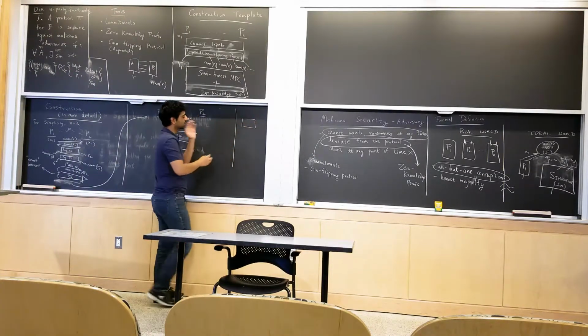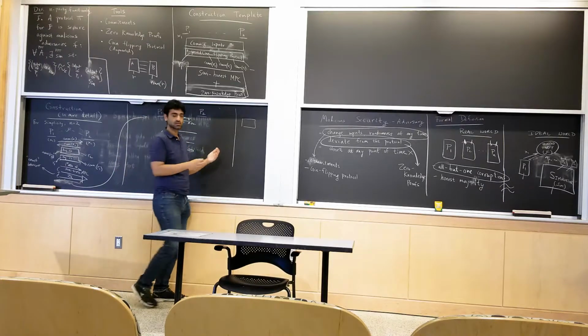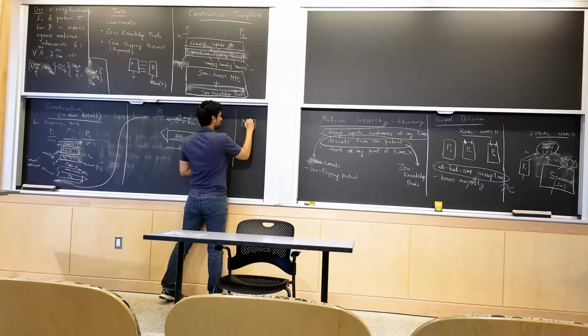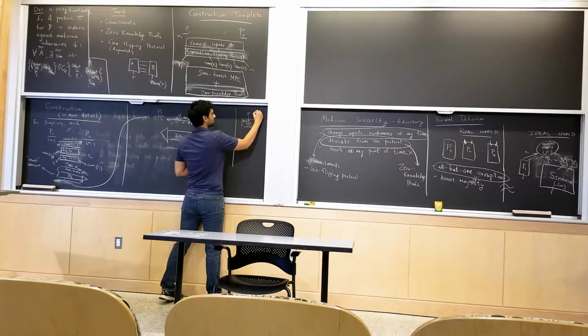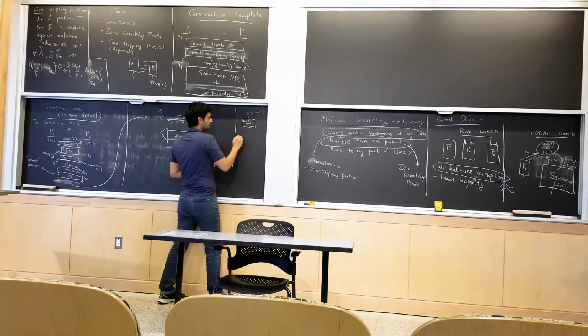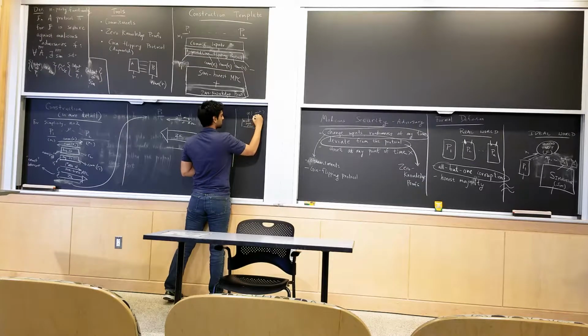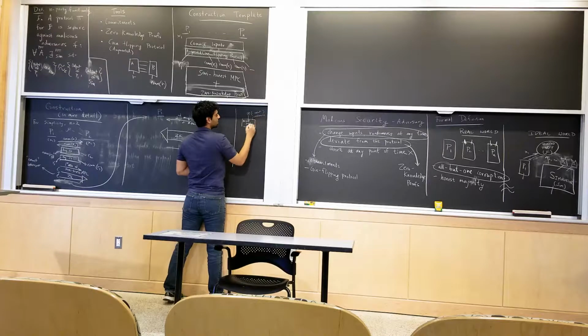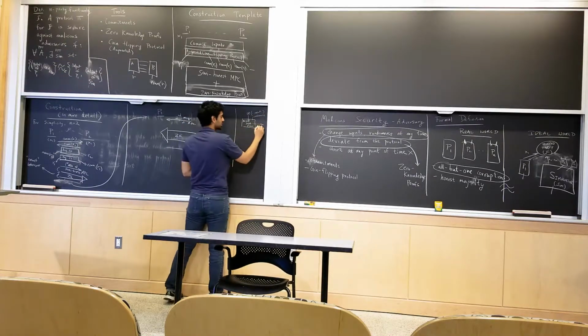This is usually expressed as a next message function. What the next message function does is it receives some state. Initially, this state is just the input, the initial state. It also receives some randomness, and it outputs some message.